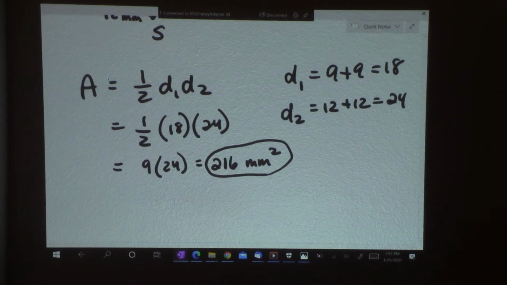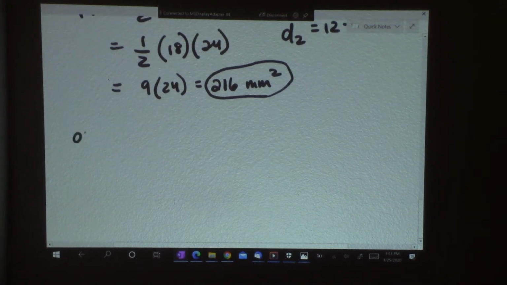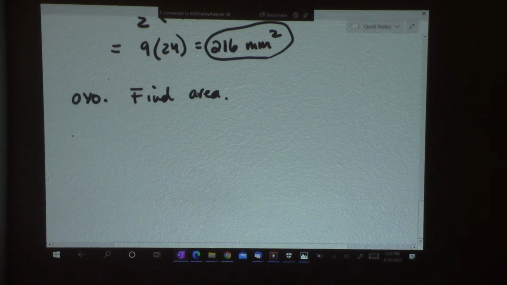Okay, I would like you to do some OIOs. Find the area. Number 1. Here's an example of a trapezoid with a different shape.